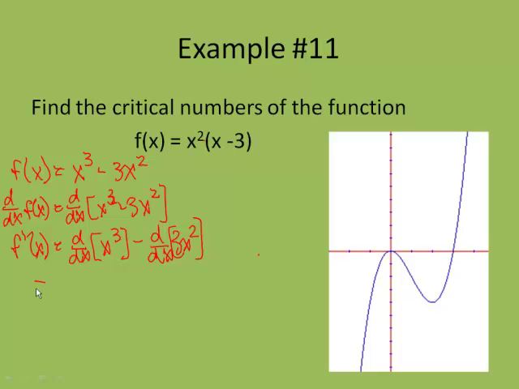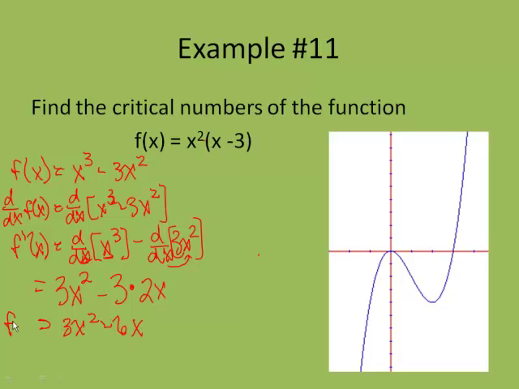Okay, so this is all equal to, I can just use the power rule because these variables are the same. So I'm just going to pull down that 3 and then reduce our exponent by 1. Minus, I am going to go ahead and just ignore that 3. It is a scalar multiple, so I can just ignore it for now. And then what I'm going to do is take the derivative of this x squared. So the derivative of x squared would just be 2x. So now, simplifying this all out, what I'm going to get is 3x squared minus 6x.